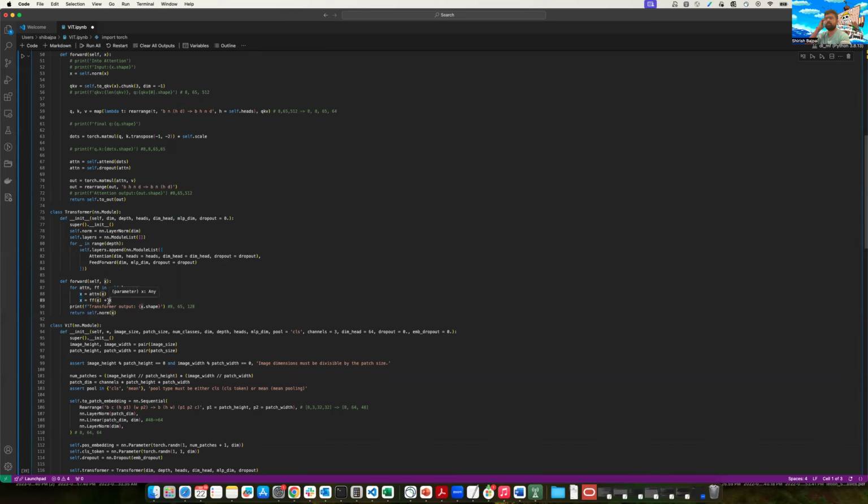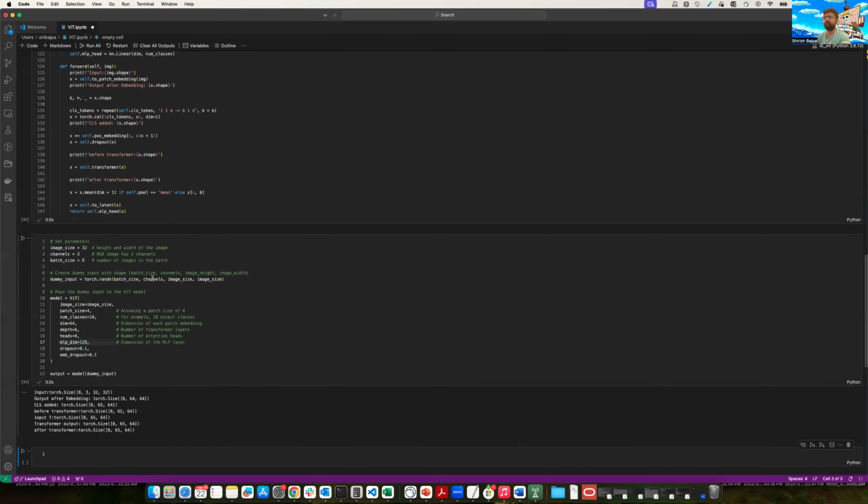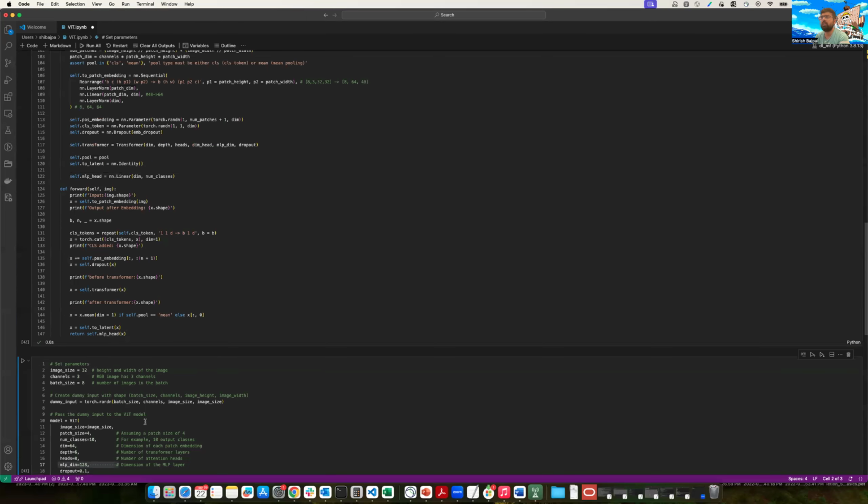X, the output of attention is this. Input of the transformer is this.